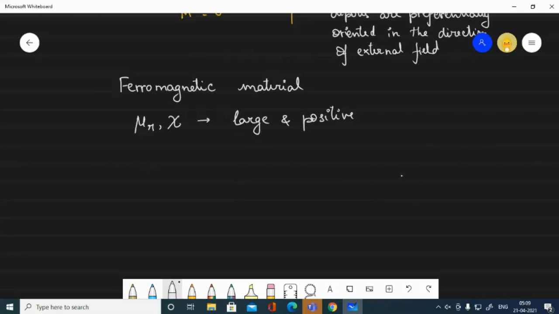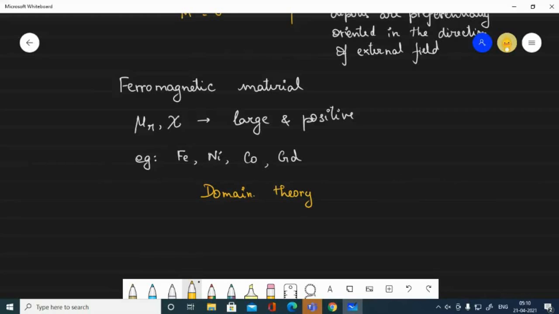Large positive magnetism observed in materials such as iron, nickel, cobalt, gadolinium can be explained on the basis of the domain theory of ferromagnetism.